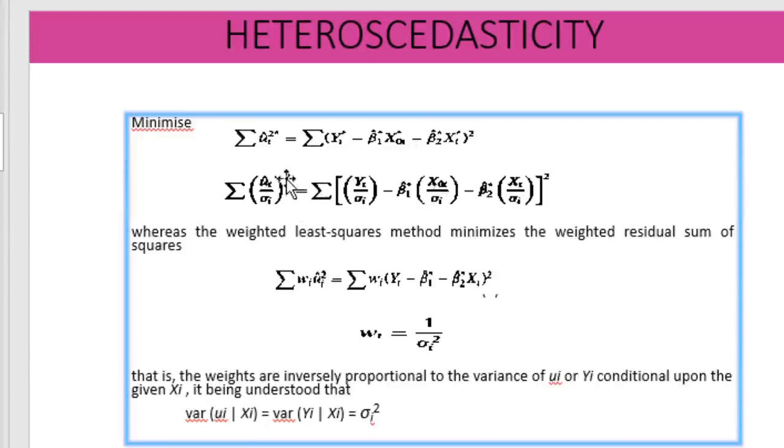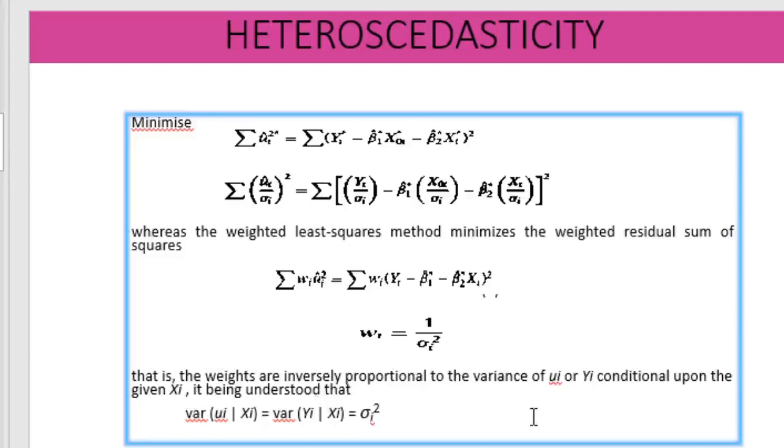Here we have a weight. The weight is 1 by sigma i, which can be written as wi. Then this equation can be written as sum of wi ui cap square, that is, sum of wi into (yi minus beta 1 cap star minus beta 2 cap star xi) the whole square.